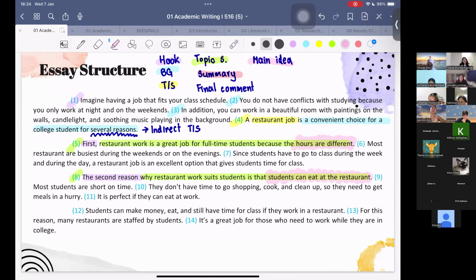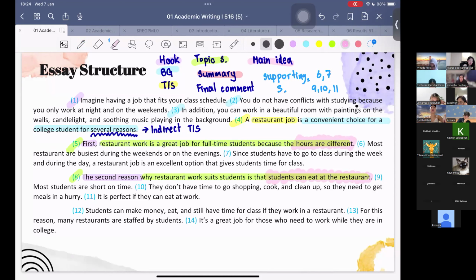Students can eat at the restaurant would be the main idea for why we should work in the restaurant, which makes sentences 9, 10, and 11 the supporting sentences. So just supporting sentences, as with sentences 6 and 7, and no concluding sentence.